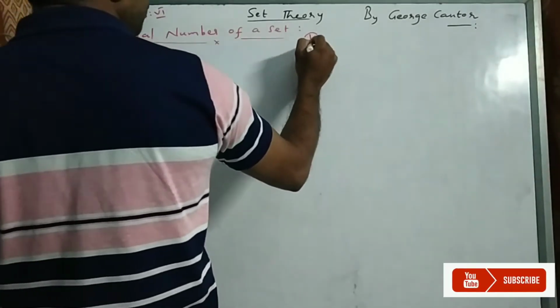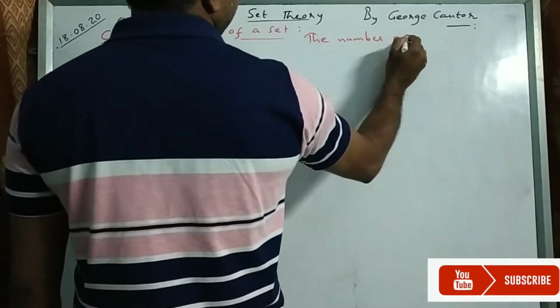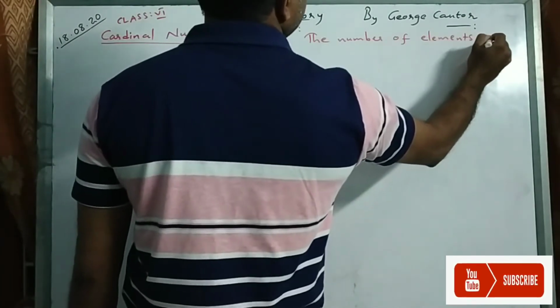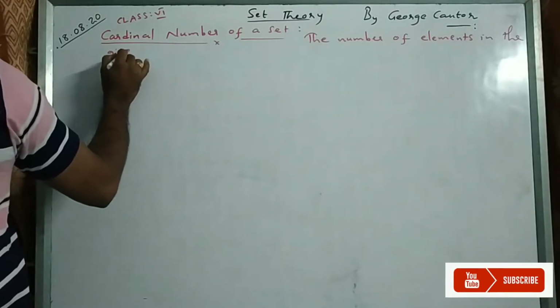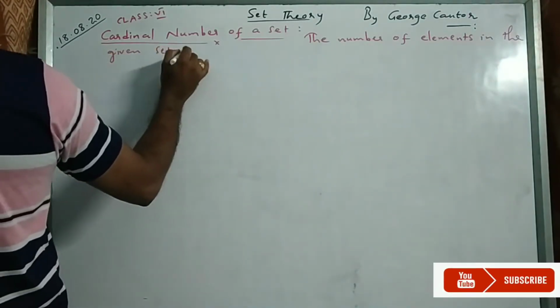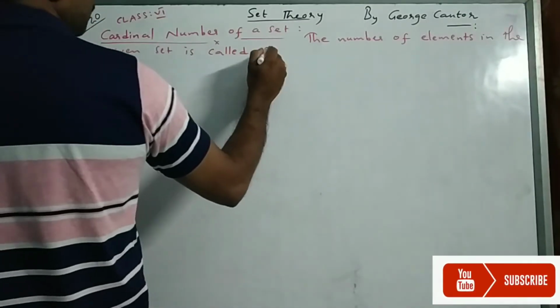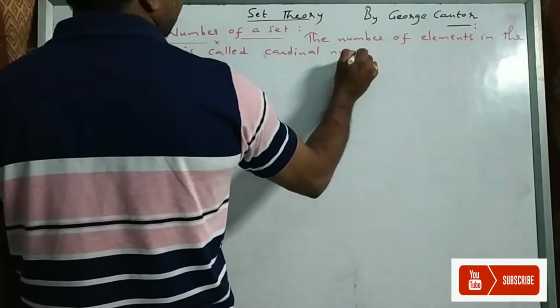Simple: the number of elements in the given set is called the cardinal number of a set.